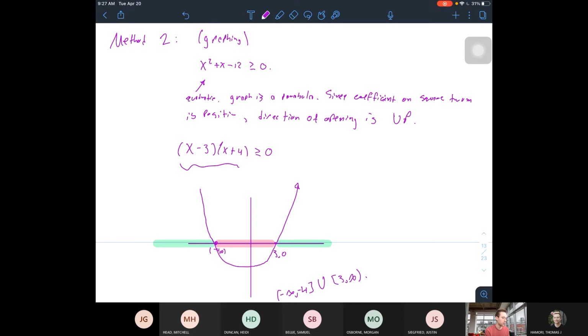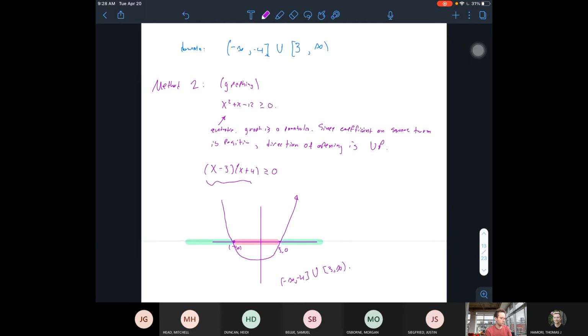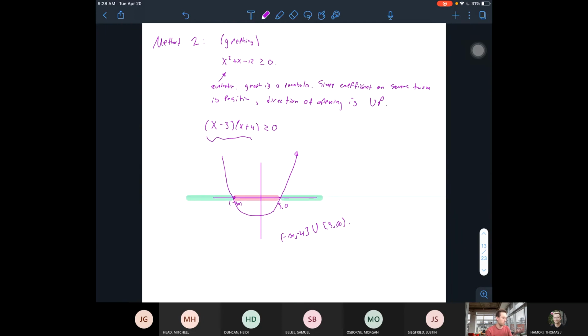But the graph of a quintic function or a quartic function or a cubic function may look very strange, and it's not always going to have the same kind of shape. For example, quartic functions can look like parabolas, or quartic functions can look like W's, in which case you might find yourself in trouble. So that's method 2, which we can use just because we're aware of what the graph of a quadratic function looks like.